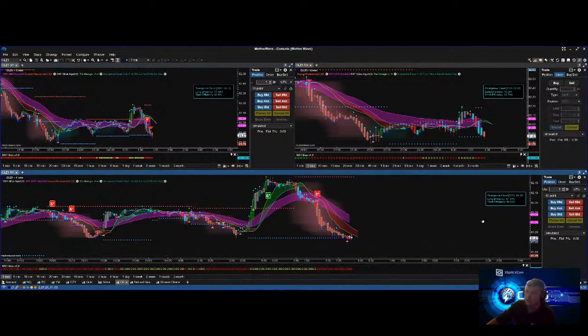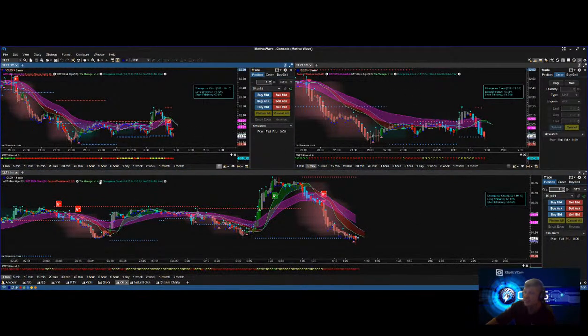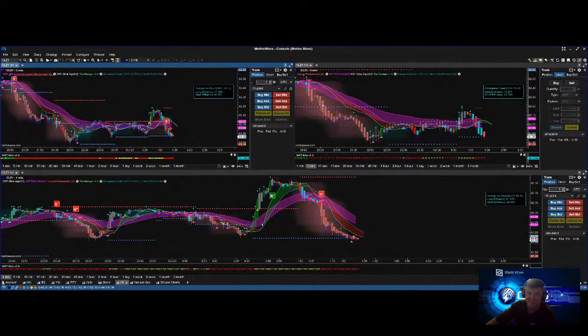81.76. Yeah. And this is what I was just talking about. You're going to need to see it break down below all this stuff right here because it's consistent. It's on all of the different time frames, yes, it is early.